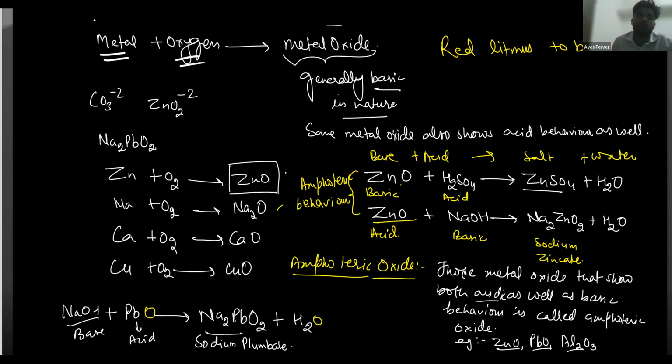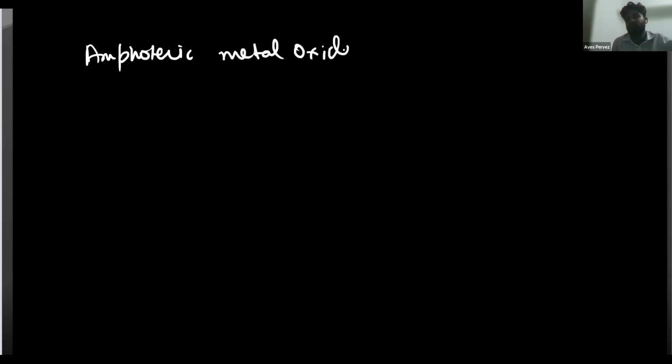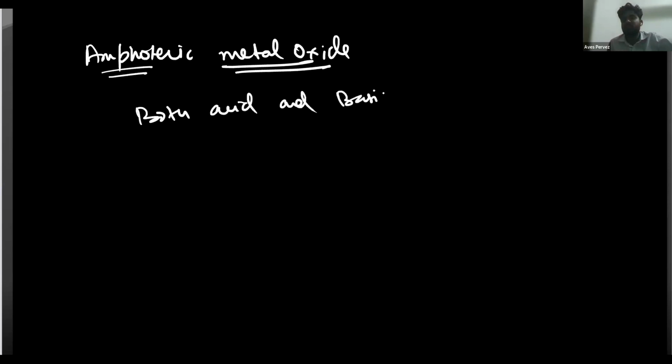Keep in mind how I'm going to explain this: amphoteric metal oxides. What is the definition? Those metal oxides that show both acidic and basic nature. Let me compare it.